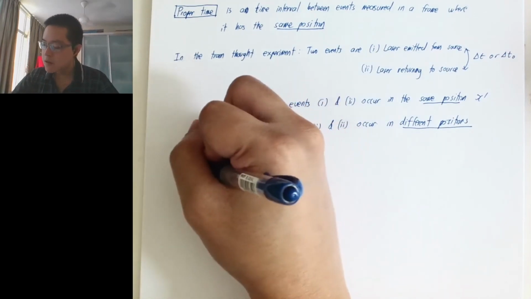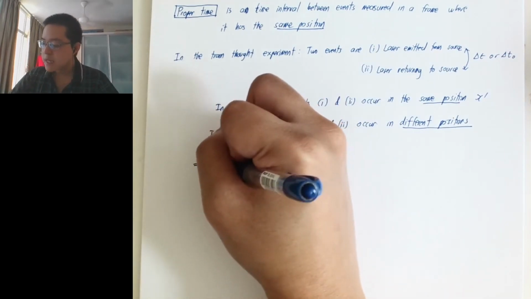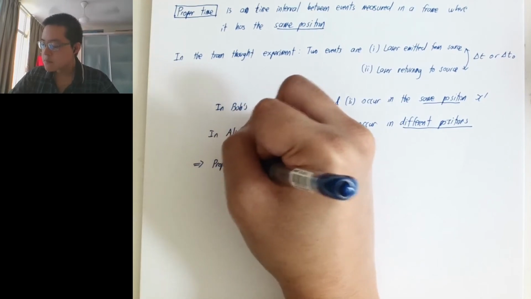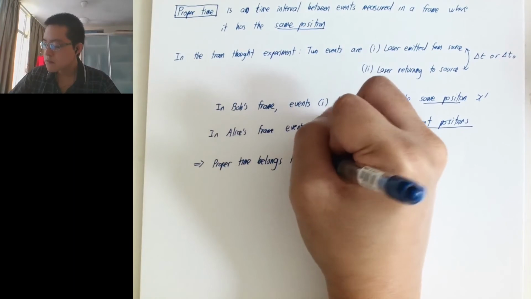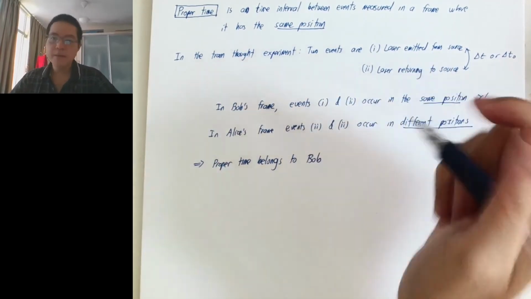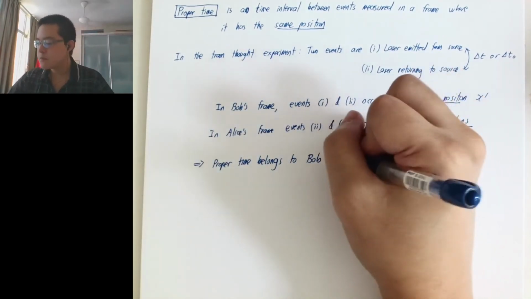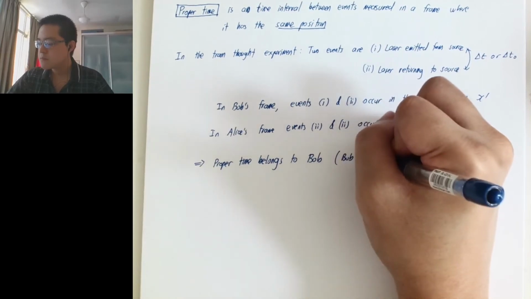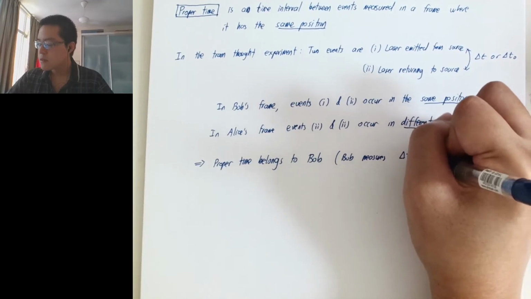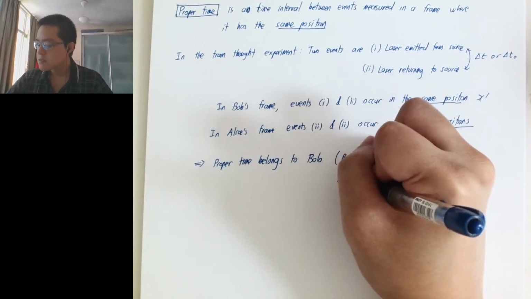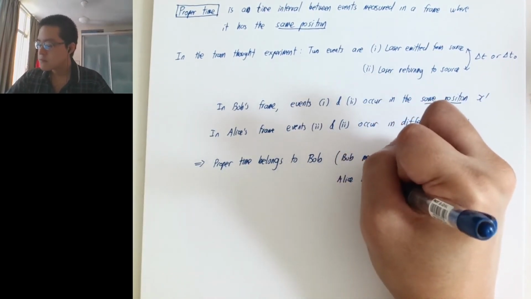Therefore, our conclusion is proper time belongs to Bob. Bob measures the proper time, delta t0, and therefore Alice measures non-proper time.